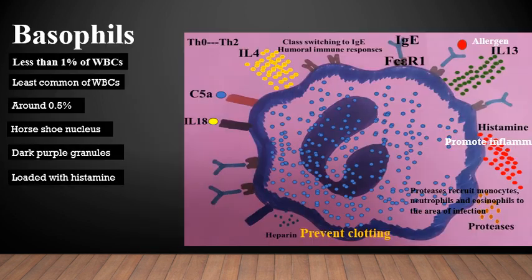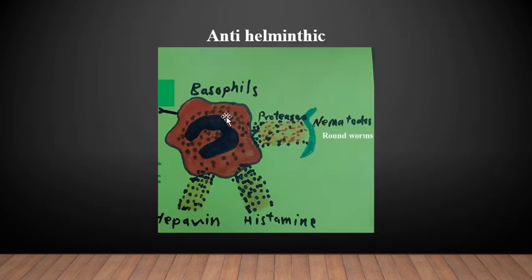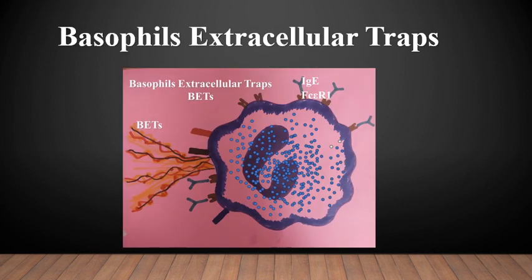So basophils, as can be seen here, express cytokines, histamine, heparin, proteases, and they express IL-4, which induces M2 macrophages with arginase 1 that kill helminths by depletion of arginine. And basophils have an anti-helminthic effect against the nematodes, and also they have the capacity to produce BETs, or basophil extracellular traps.